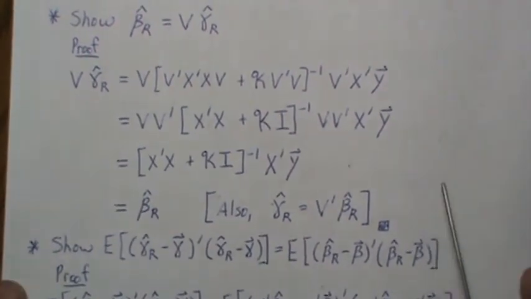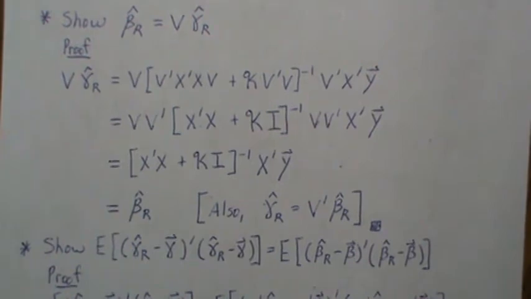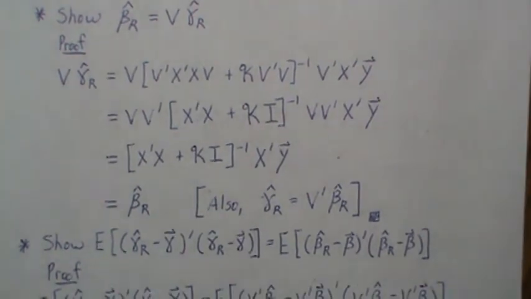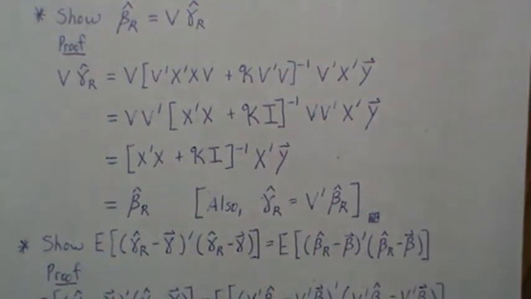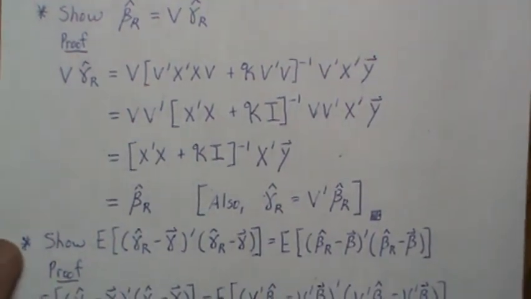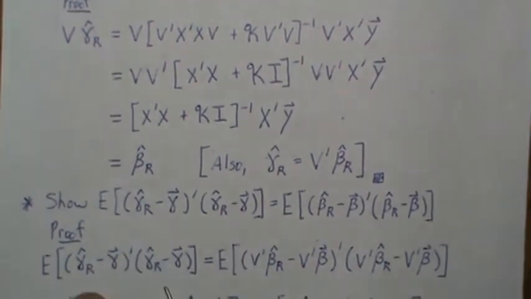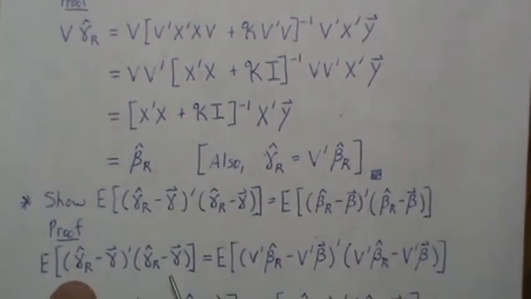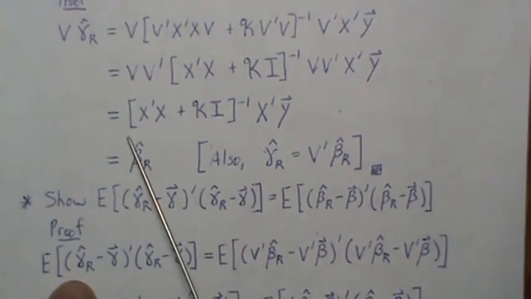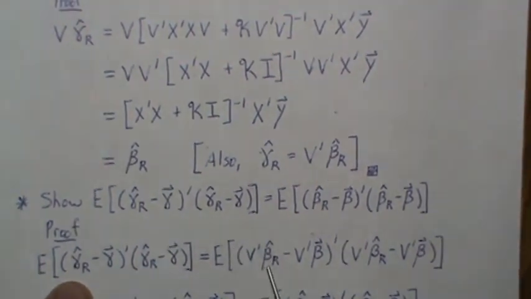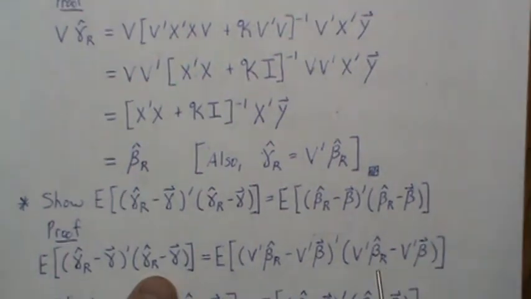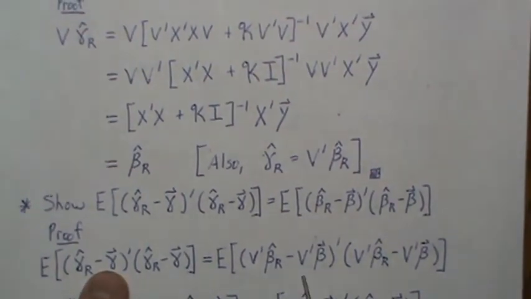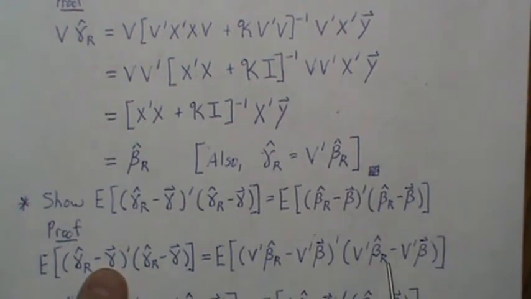Now let's show that the mean square errors are the same, whether in canonical form or the original model. So here the mean square error is this. Now we showed that this is the case, so we plug in V prime beta, since gamma was V prime beta in both of those.